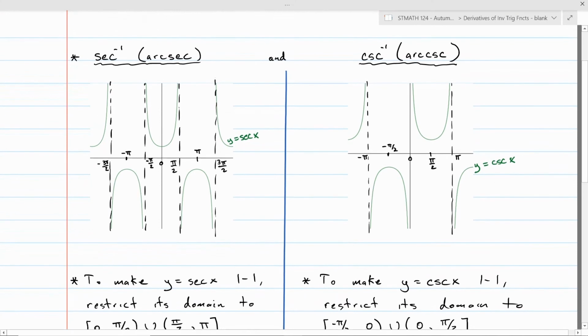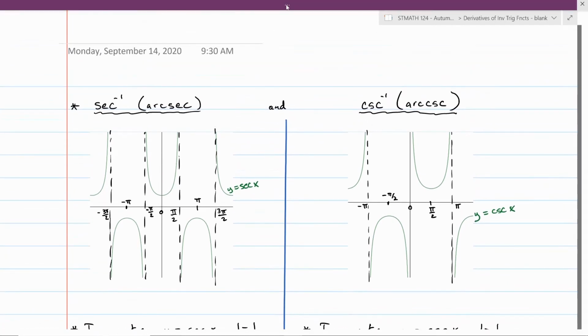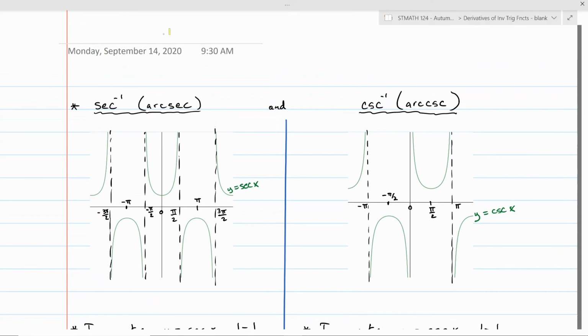These things are not one-to-one, and so we need to make some restrictions to make them one-to-one. On the secant graph, the restriction to make is you go from here up this side of the asymptote, and then here down this side of the asymptote. So you restrict the secant function between 0 and pi, not allowing pi over 2 because of the asymptote.